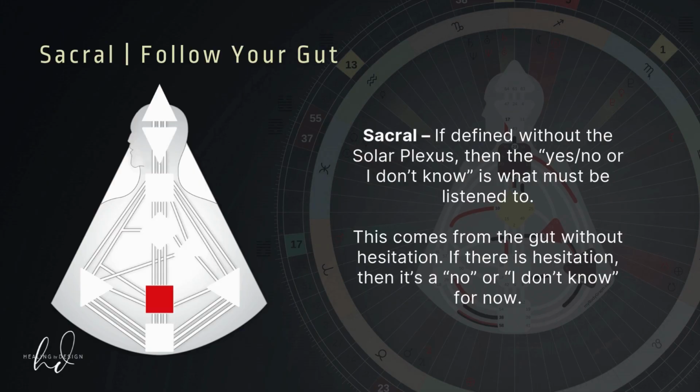The right question at the right time can also be helpful to uncover which direction to take. Getting an impartial other to ask you yes, no questions can help you work through this process. Once you allow your decisions to be guided by your sacral response, you will notice how much more satisfying and efficient activities can be.